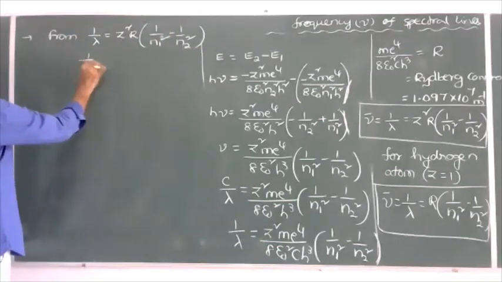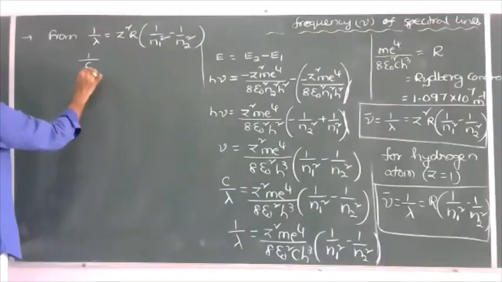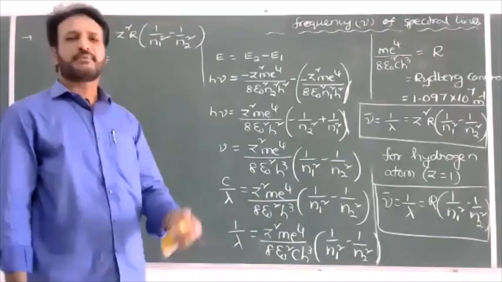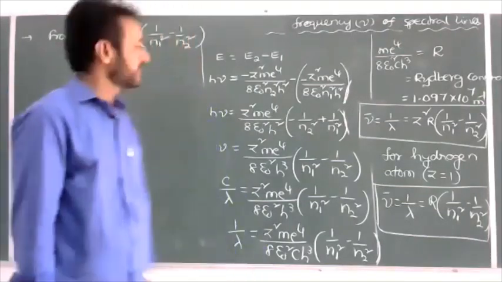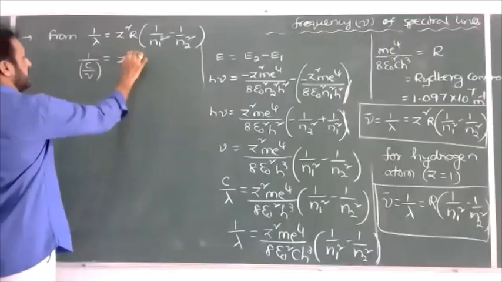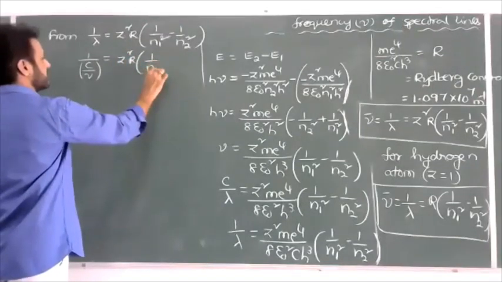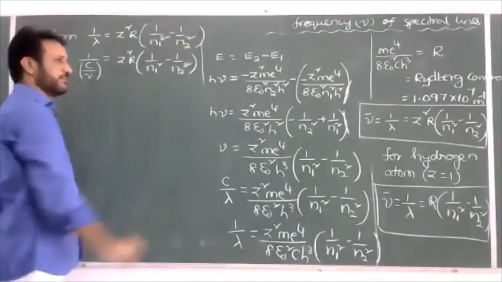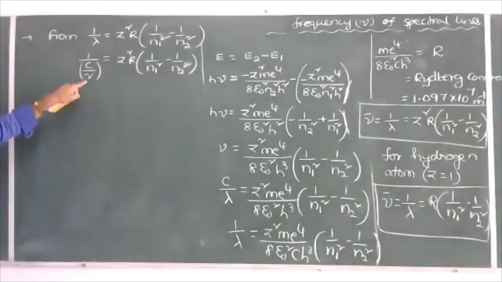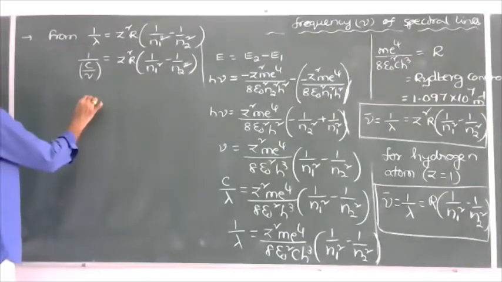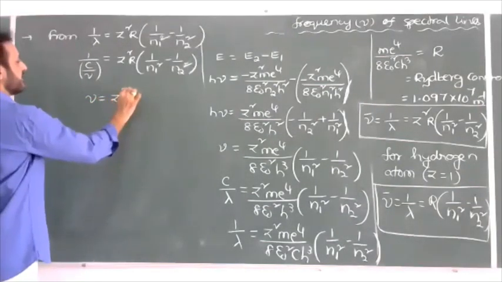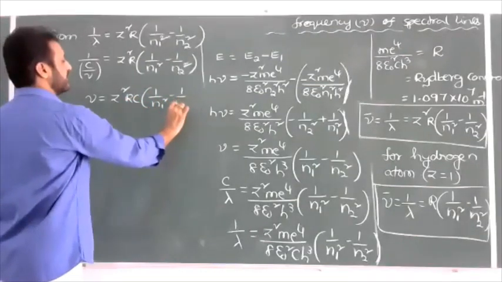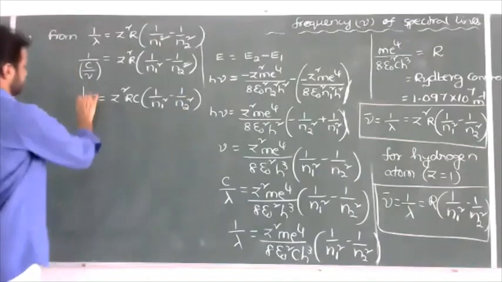So 1 by lambda is equal to nu by c, that equals z square R into 1 by n1 square minus 1 by n2 square. Take c to the right side: nu is equal to z square R c into 1 by n1 square minus 1 by n2 square.